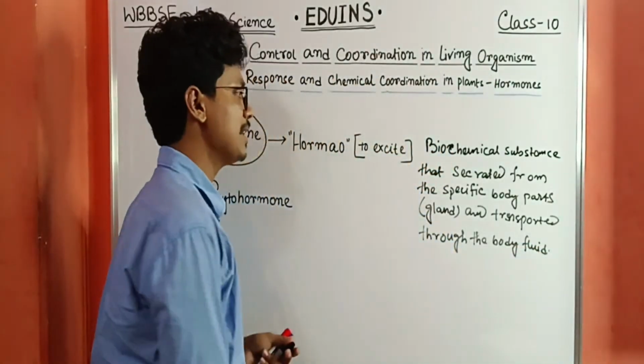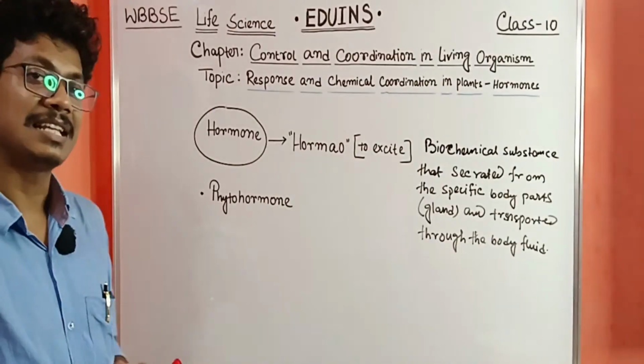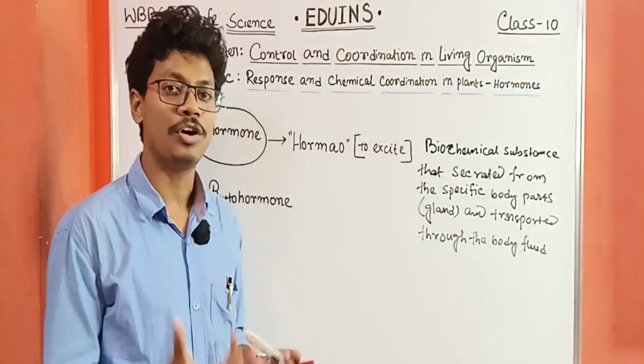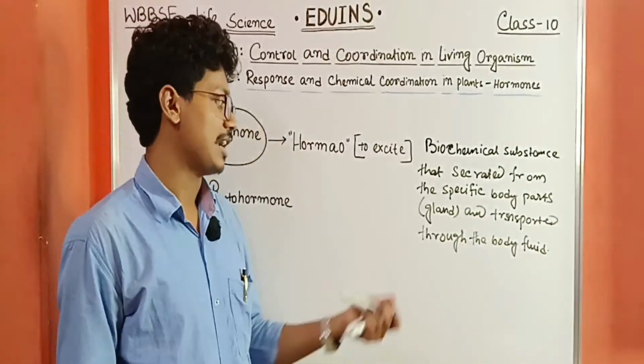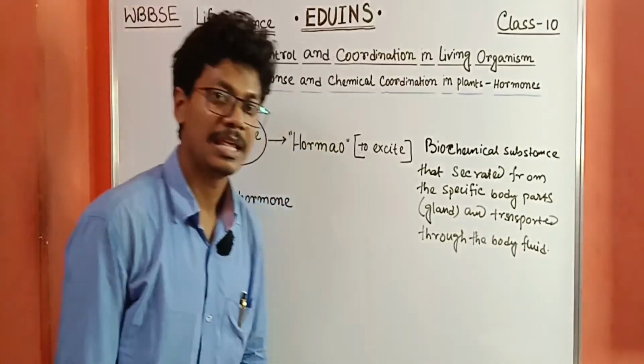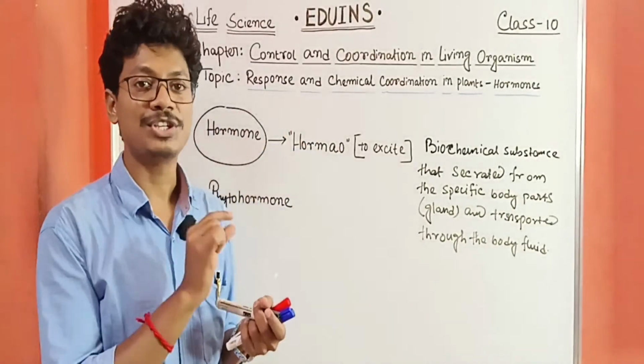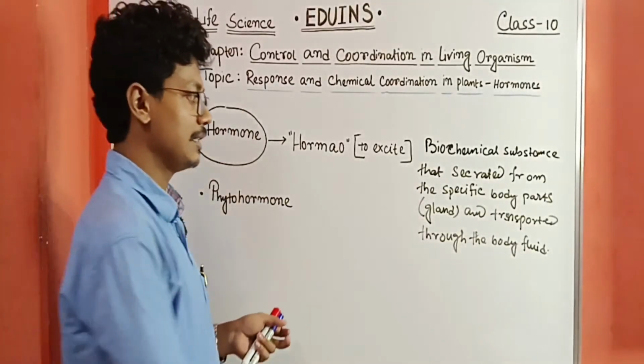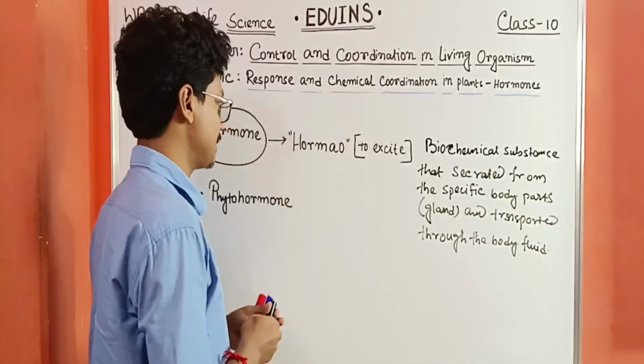Hormones are biochemical substances secreted from specific glands or body parts and transported through the body fluids. They do not transport through any special tubes or anything else. They generally transport through the body fluids.